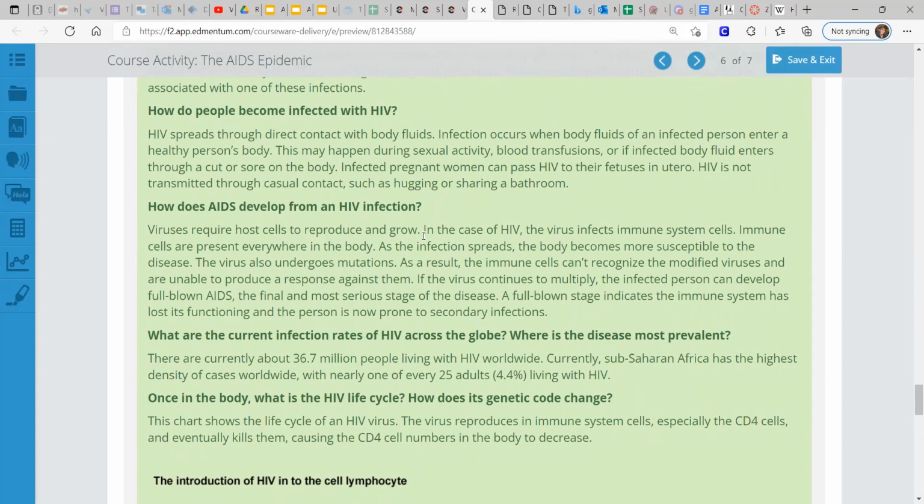Infected pregnant women can pass it on to their fetuses in utero, but it's not transmitted casually. Like you can't hug or share something with a person and then just get HIV. That's not how it works. This is how it develops into a full-blown HIV infection.